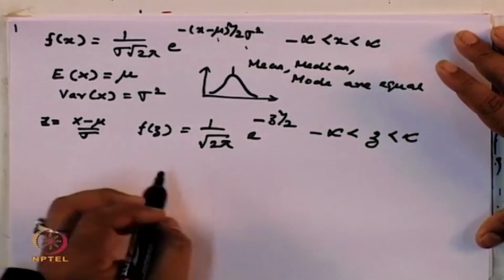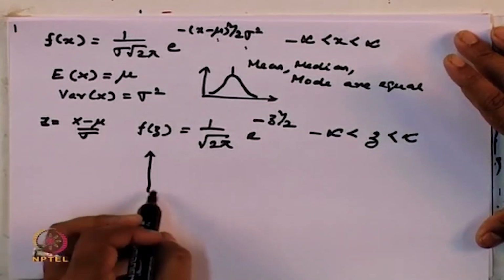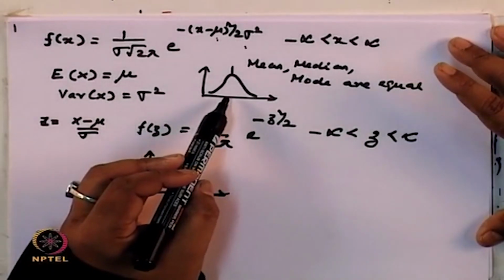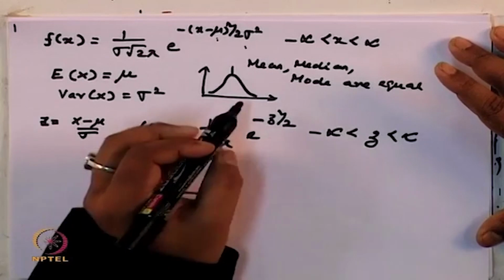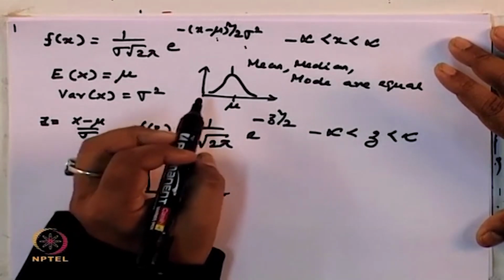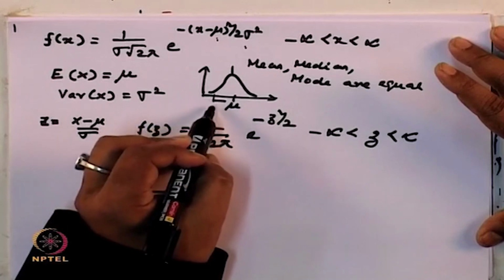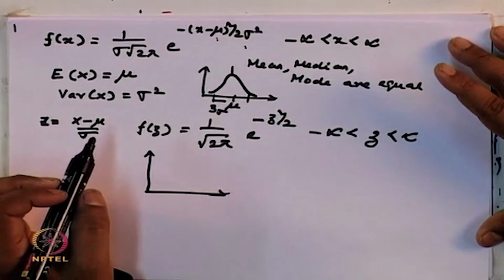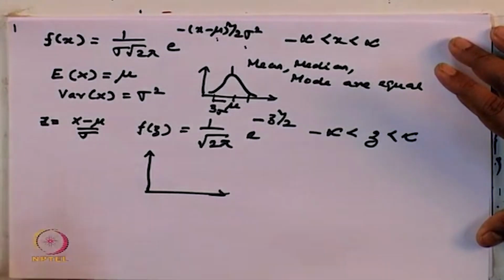Okay. And in this case, the regular normal distribution has parameters mean mu, so this is your value mu, and variance sigma square. Okay. So, roughly mu plus minus 3 sigma will contain all your data. Okay.